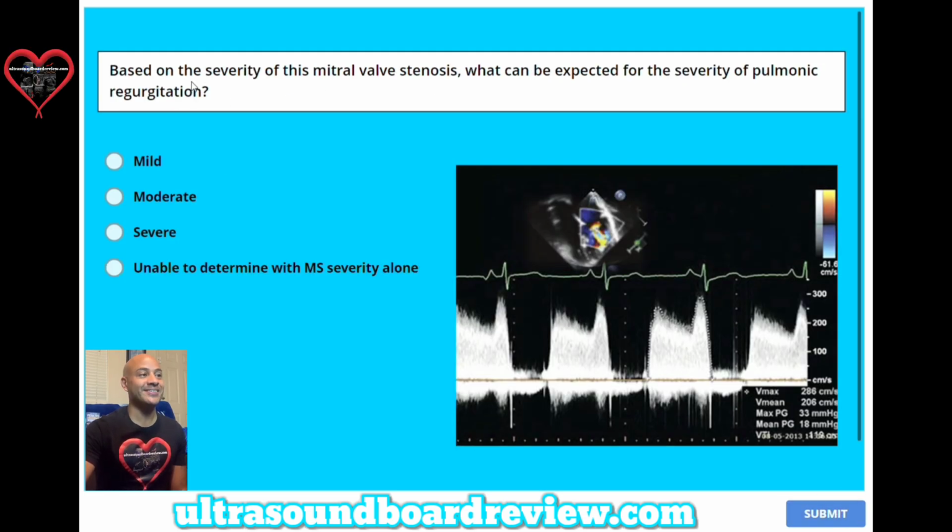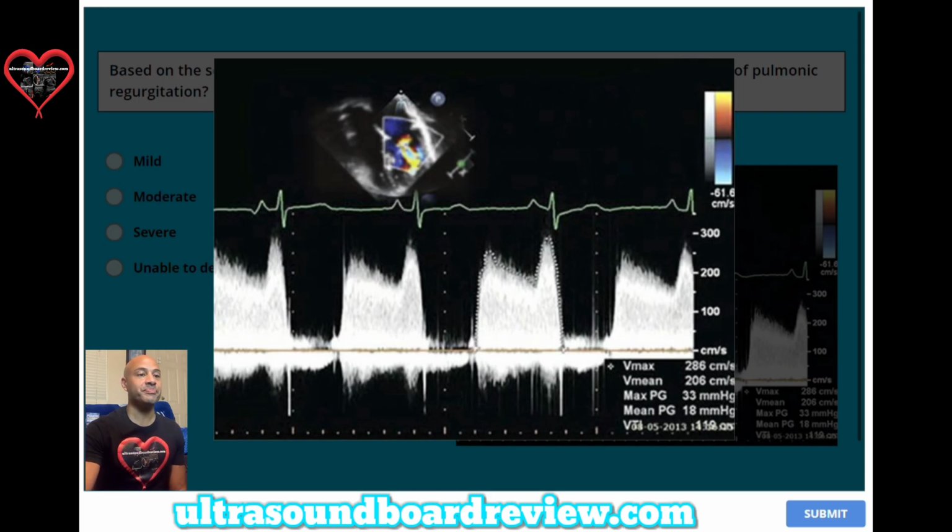Question 118. Based on the severity of this mitral valve stenosis, what can be expected for the severity of pulmonic regurgitation? A, mild, B, moderate, C, severe, or D, unable to determine with MS severity alone? The mean gradient is 18 millimeters of mercury.